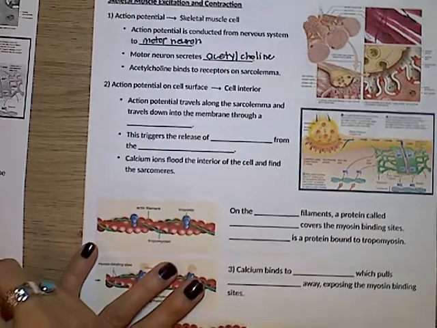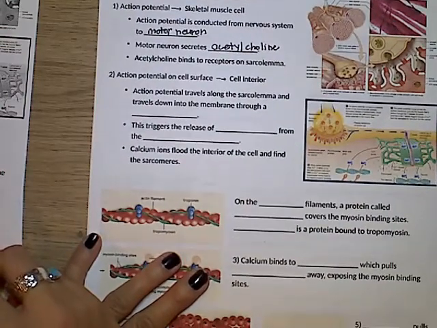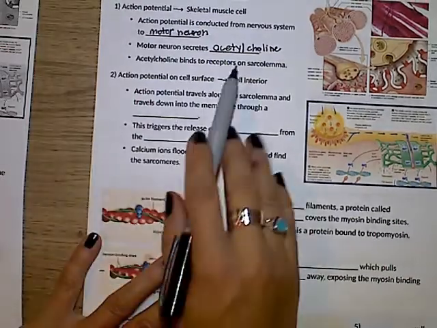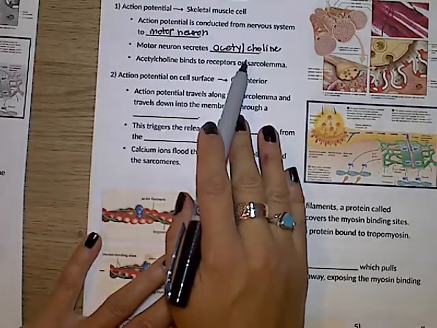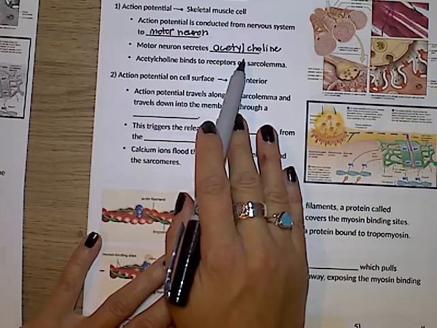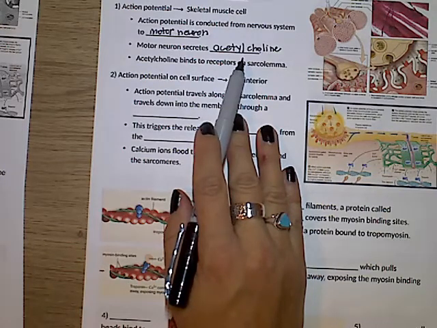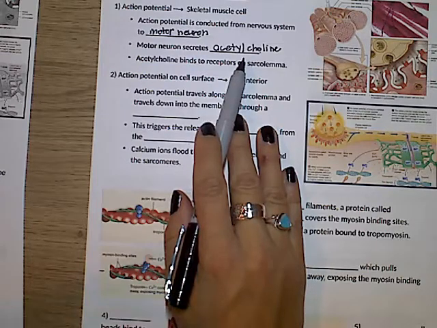Through an action potential. Step two, we got to have an action potential on the cell surface that moves into the cell's interior. Oh, before we go from this step right here. So if you remember the curare chemical, and my brain is not thinking of the right word for it, that we talked about, I think in the nervous system, where they would put it on the end of their poison darts or poison arrows, and it causes you to become paralyzed, so you can't move, but you can still feel everything.